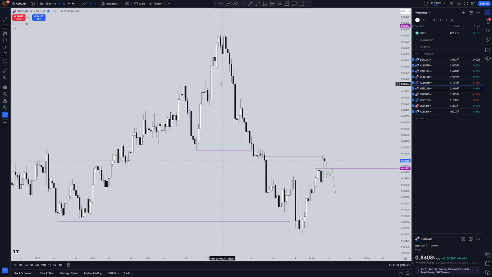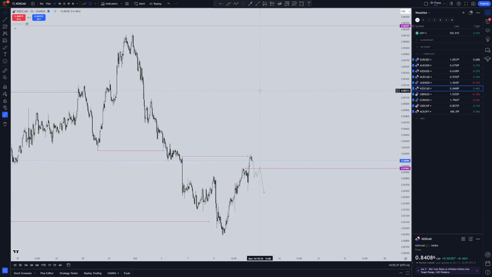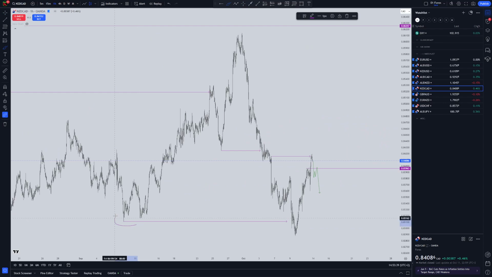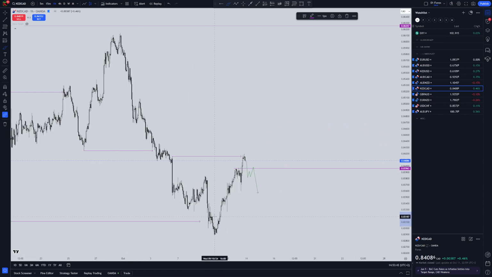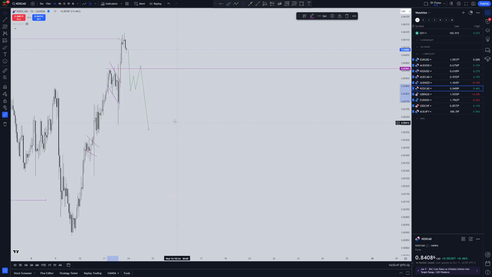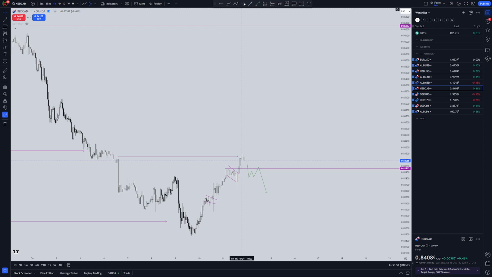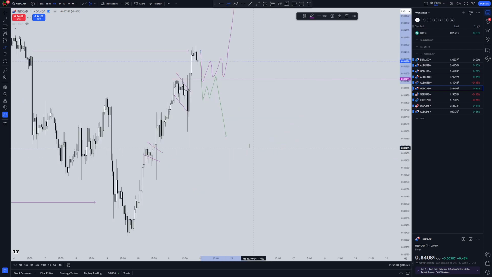So going down to the 4-hour or even straight to the 1-hour, we did actually come from some area of interest here, turned around, had a small continuation here and another one here, and are now looking for either a continuation above here with the deliberate 1, 2, 3 structure for a long, which is not my preferred play, but I would be open to that if I see a very deliberate structure above this continuation structure here.